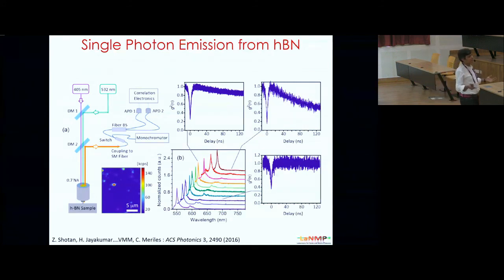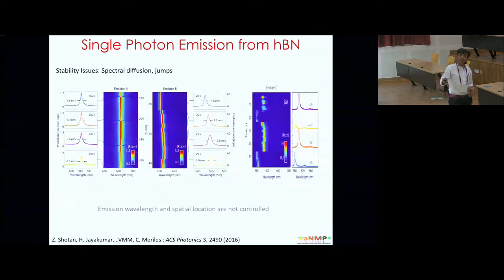So I have no control over what wavelength this is going to emit. Well, you can twist it and make it positive, saying that I have wide tunability, but from my standpoint, you have a system where you have no control over what wavelength is emitting in the sample, and so that's not good. Second, you have no control over where it is going to emit. And the third problem is there is a lot of spectral diffusion. Some emitters do not show spectral diffusion.